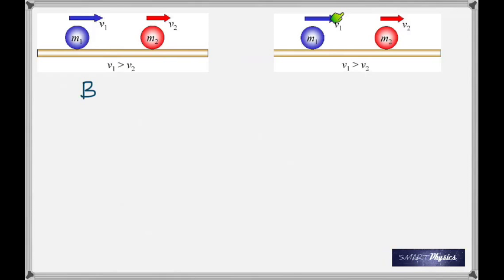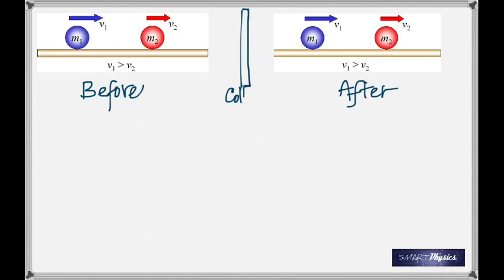Here is supposed to be v1 prime and v2 prime. So they have new velocities. Will their masses change? No. So let's try to apply the conservation of momentum. That's before and that's after. And they did collide for a certain time. That means they were in contact for a small amount of time, right? That's what you mean by a collision. Let that time be delta t. They are in collision there.